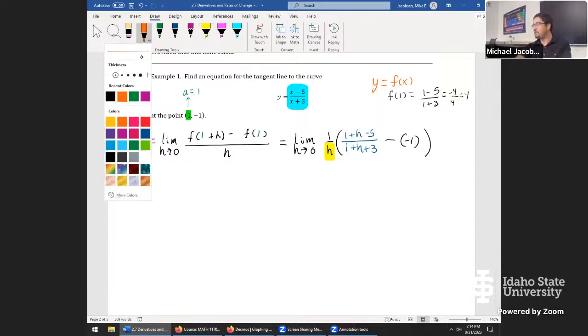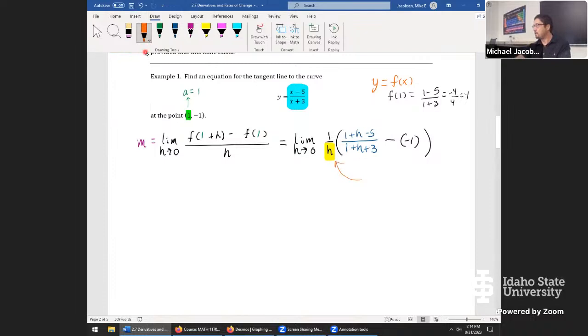So in a certain sense, whenever you do this problem, the goal is to cancel this h, the one highlighted in yellow. It also came from the original problem that we wrote in the definition. So cancel h, then use direct substitution.